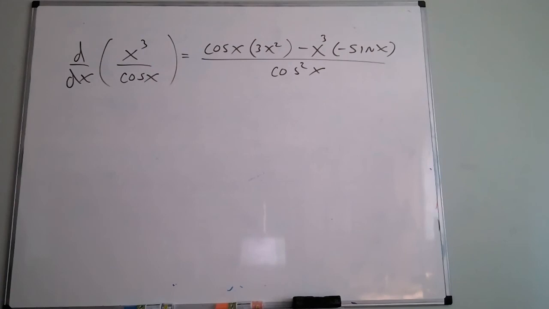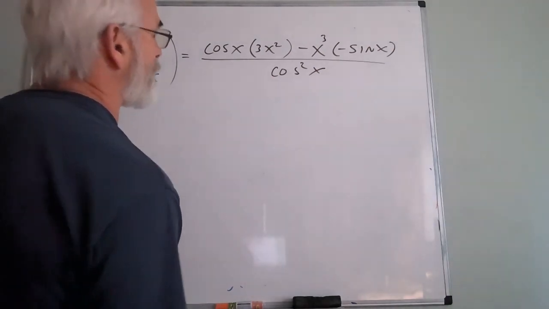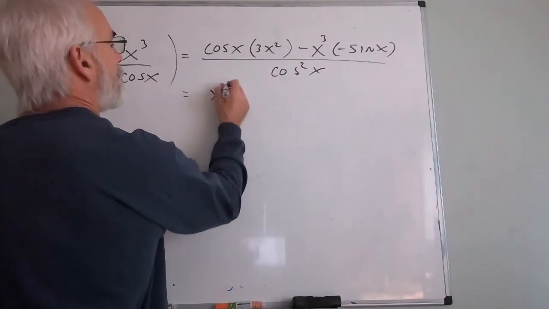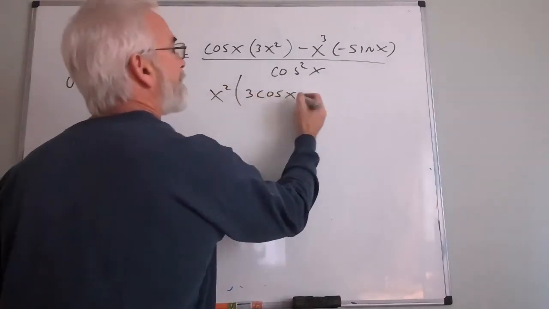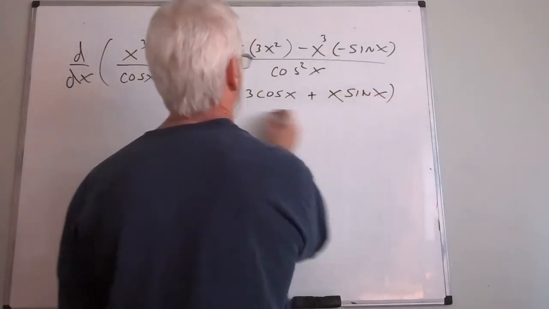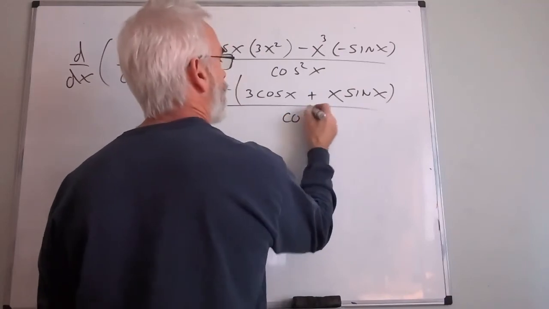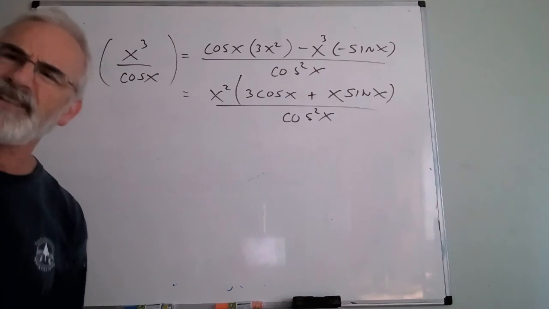Okay. Now, everything I said is true and correct. Can I do better than this? Well, I can certainly factor out an x squared from the top. So let's do that. And then I would have 3 cos x plus x sine x all over the square of the cosine function. But I have a trig function in my denominator.